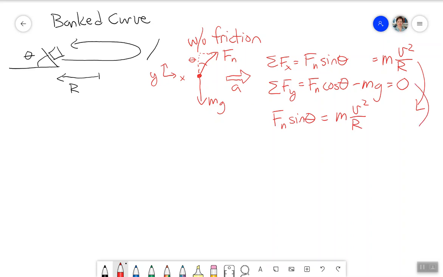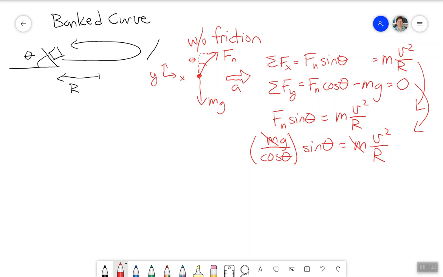The bottom equation allows us to solve for the normal force and then substitute in. The normal force is mg divided by cosine theta, times sine theta, equals mv squared over r. The m's cancel, and that's key.